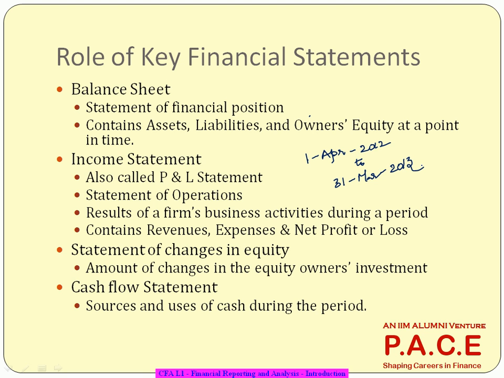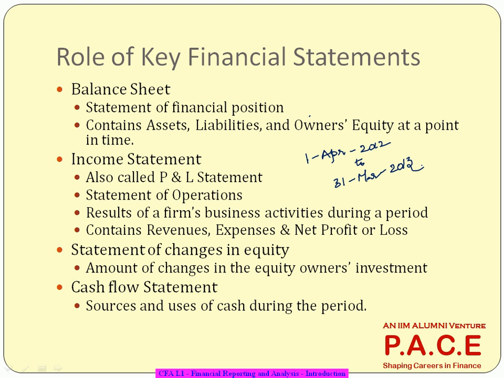So that's the definition of a balance sheet. And then we have a cash flow statement which simply says, see, in this profit and loss statement, there are some accounting rules that come into picture.